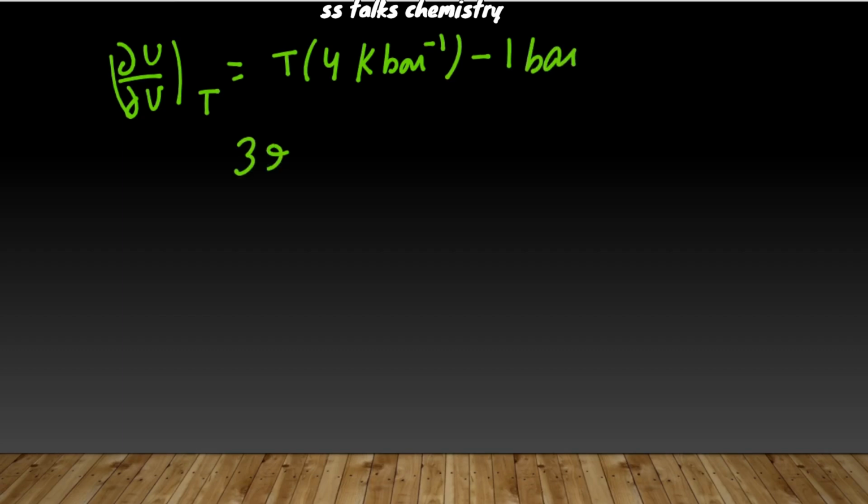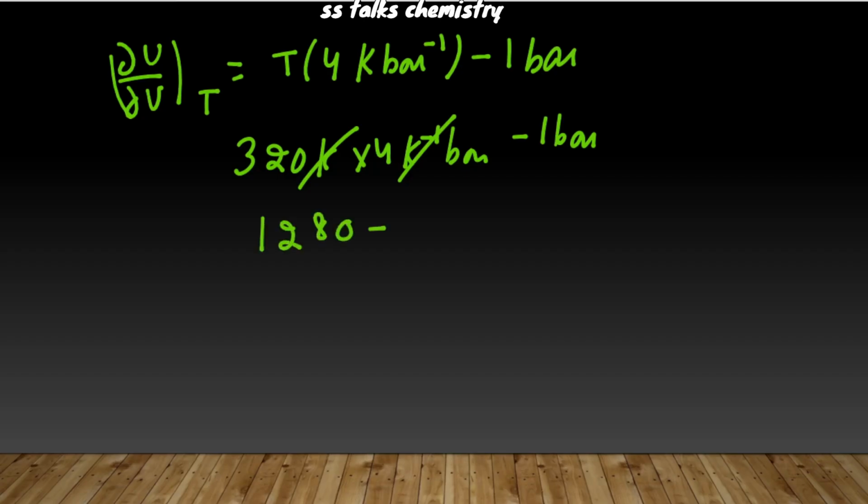Temperature is 320. Now 320 Kelvin into 4 bar per Kelvin, minus 1 bar. The Kelvin and per Kelvin terms get cancelled out. So it comes out to be 1280 minus 1 bar. The units are the same, so 1279 bar pressure.